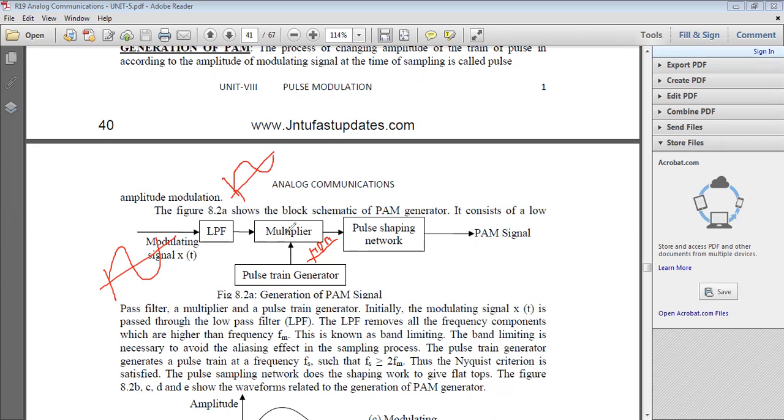For this multiplier, we have two inputs. One is the modulating signal, that is the message signal, and another one is the pulse train, where each pulse has a particular time period, that is Ts, the sampling time. Each pulse has a time period of Ts.